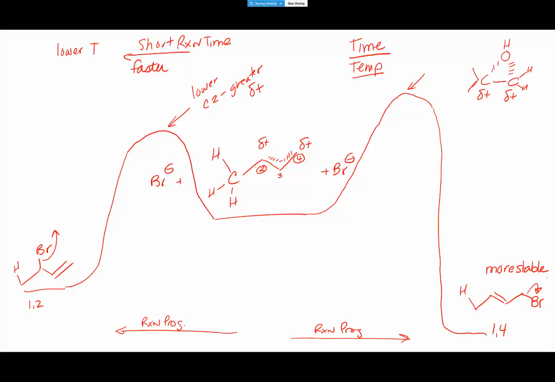So what's new about this reaction is that this is reversible. So once I form the 1,2 product, the 1,2 product could lose a bromine and go back, but here's the activation energy of the reverse reaction. Now, before, the activation energy of the forward reaction was smaller than it is of the reverse.